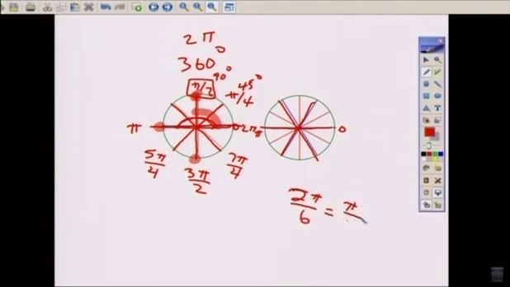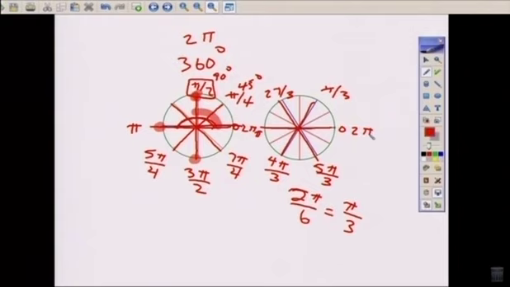That means that each of those pieces is a pi over 3. So here's 1 pi over 3, there's 2 pi over 3, 3 pi over 3 is pi, 4 pi over 3, 5 pi over 3, and 6 pi over 3, which is equivalent to 2 pi.